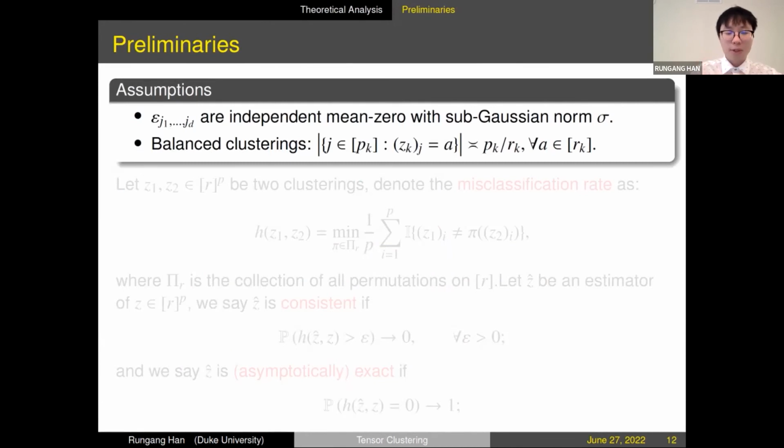Basically, our iterative algorithm still works, but the initialization algorithm may not work well, because in the sparse hypergraph model we believe that even the spectral method may not work really well, even in the matrix case.